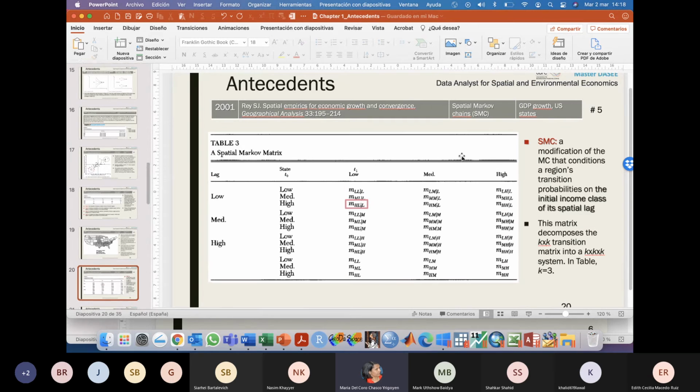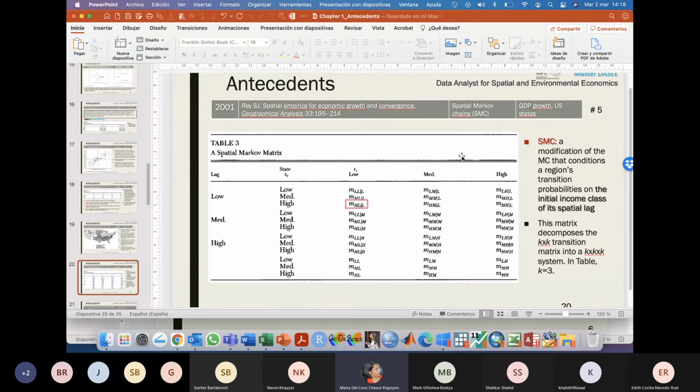Finally, Rey also represents the spatial dependence analysis of the Markov chains using an expanded Markov matrix called a spatial Markov chain matrix. It is a modification of the Markov chain. It consists of conditioning regions' transition probabilities, so the probability that the region experiences mobility up, down, etc., is conditioned on the initial income class of its spatial lag.